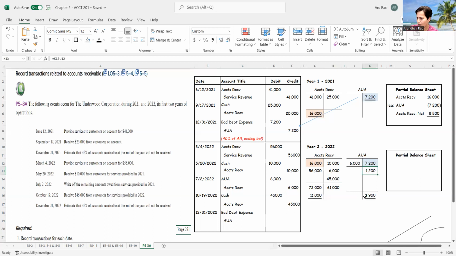I have 1,200. I want the number to be 4,950. I already have 1,200, which means I need only 3,750 in my journal entry. So in this journal entry, I'm going to plug the number 3,750.